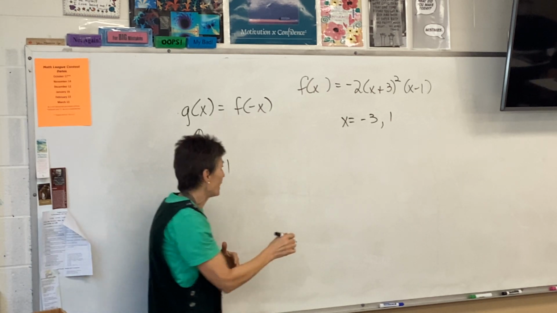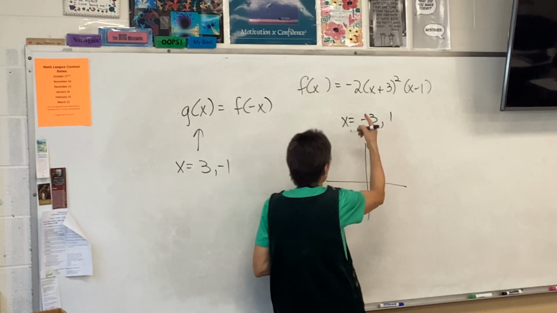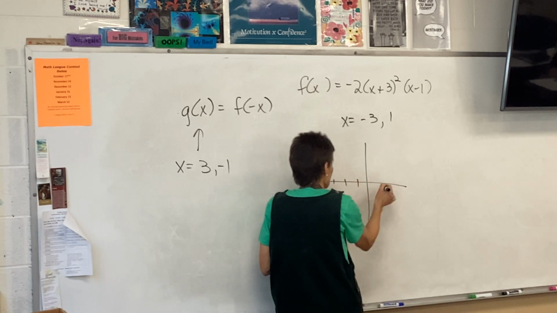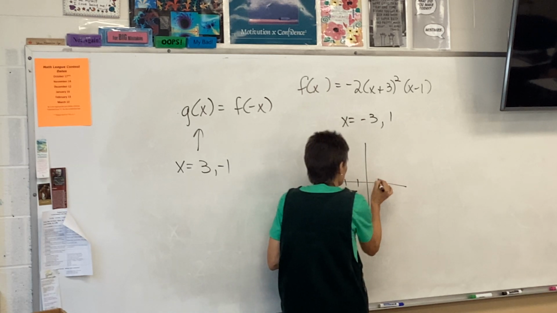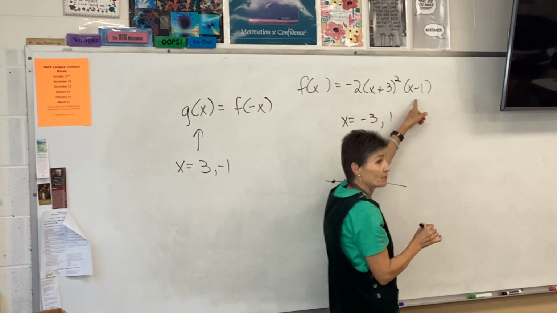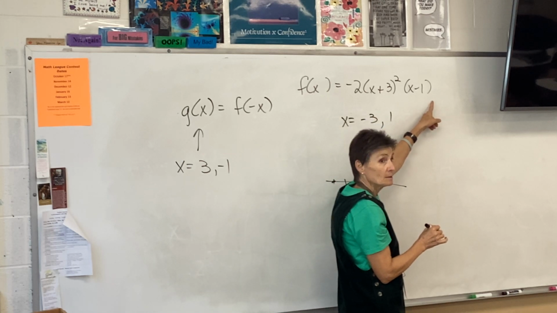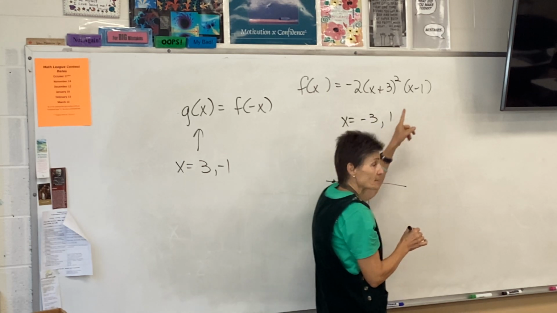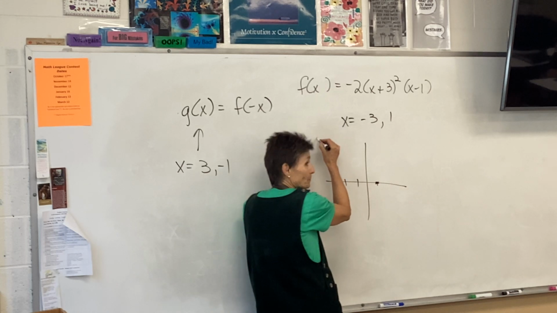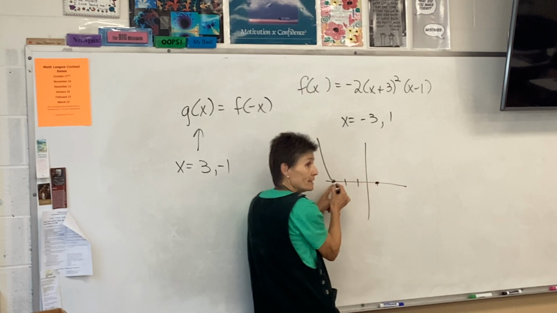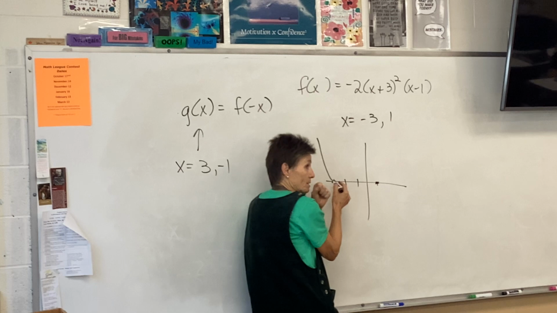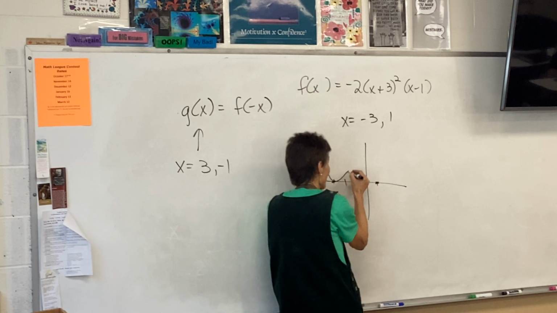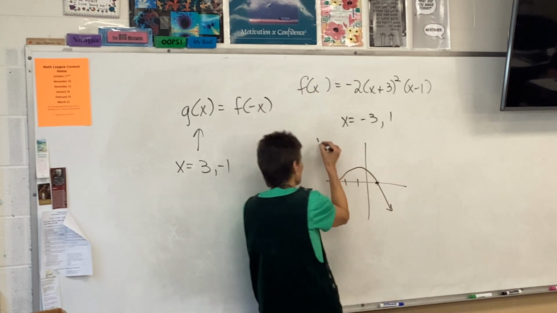Absolutely. Because whatever this thing looks like, and we can actually sketch it quite quickly, it's a negative cube. So it's going to start up here. That factor is squared, so it bounces off and heads down.